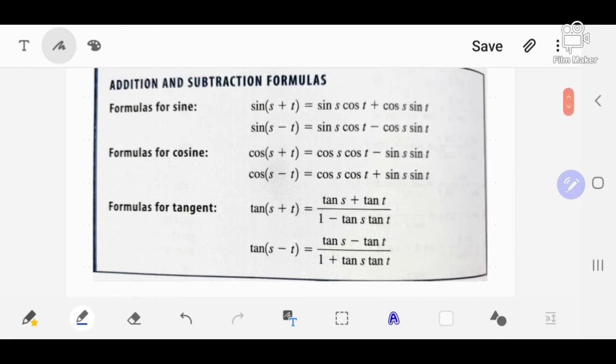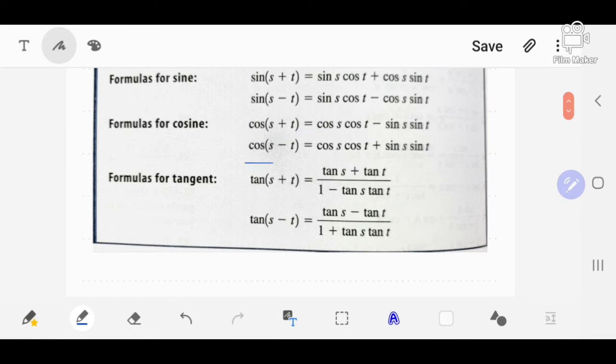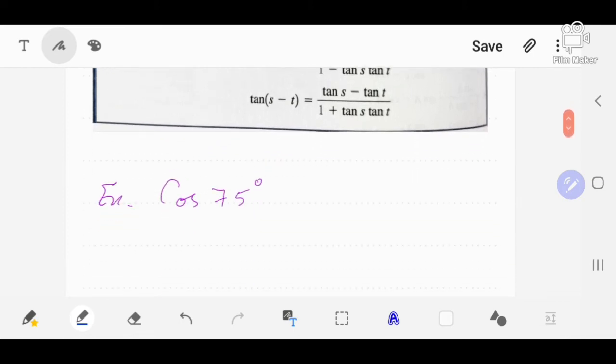So can I use addition or subtraction to get 75 from angles that we know? The special angles that we know are 30, 60, 45, 0, 90, 180, 270, and 360. Can I use any of these to get 75? Actually, yes. I can say that 75 is equal to 45 plus 30 degrees.